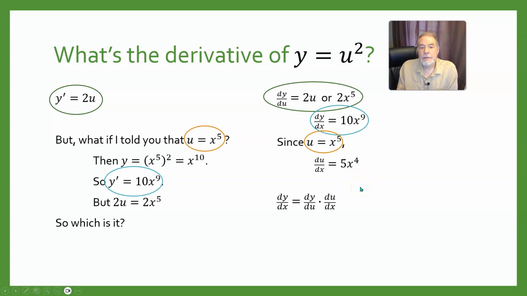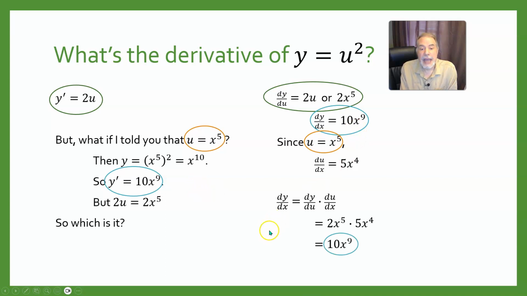Now, what if we multiply those together? Take dy du, which is 2x to the fifth, times du dx, which is 5x to the fourth. That's equal to 10x to the 9th, which is what dy dx is.